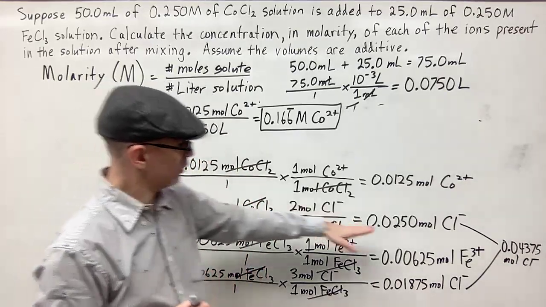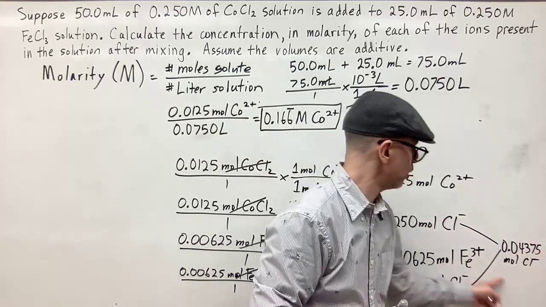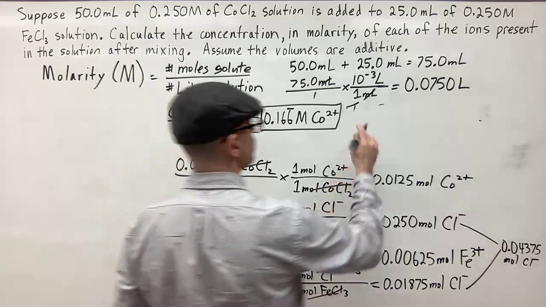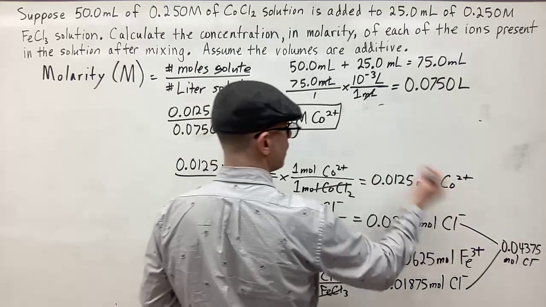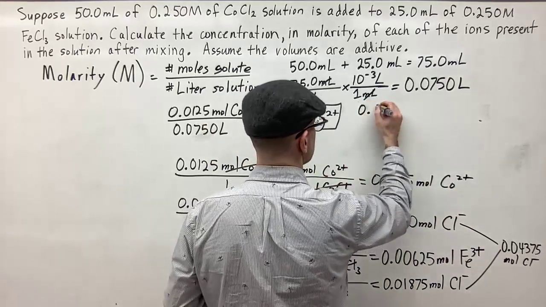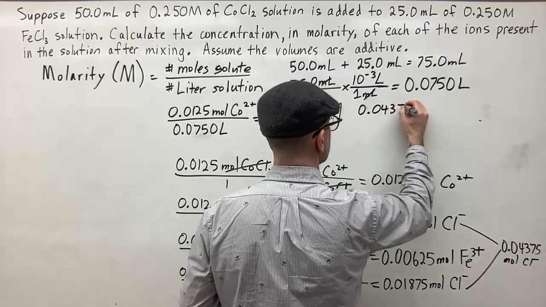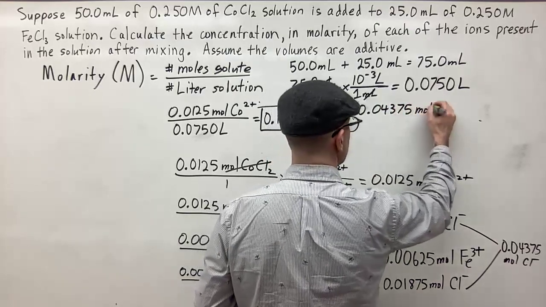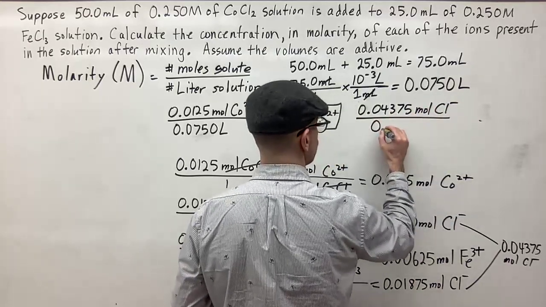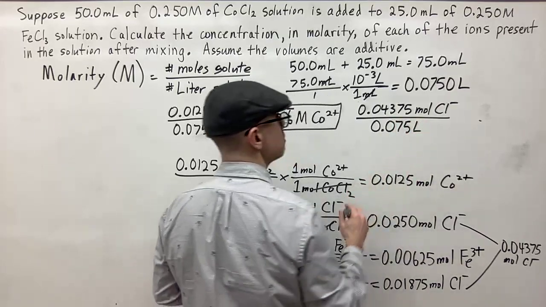Next, I'll do the chloride ion. So this is the total number of moles of chloride ion in solution. So I'm going to do the same thing. So here, I'm going to take 0.04375 moles of chloride ion, and again, divide that by the total volume, 0.075 liters.